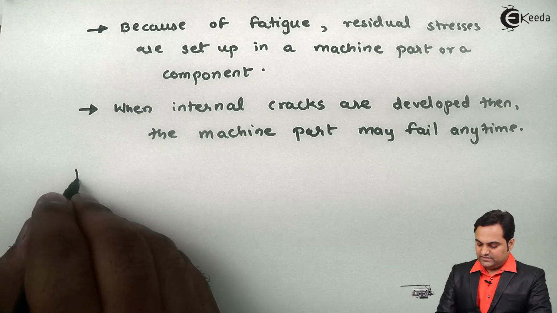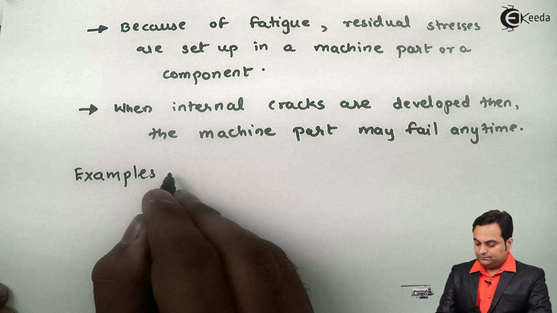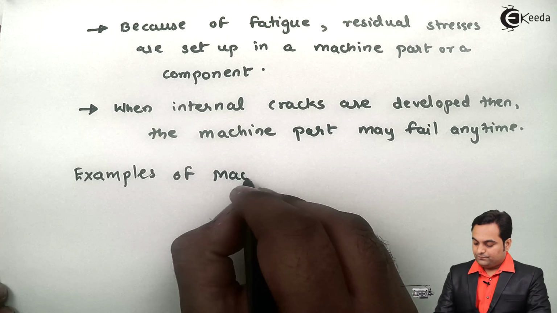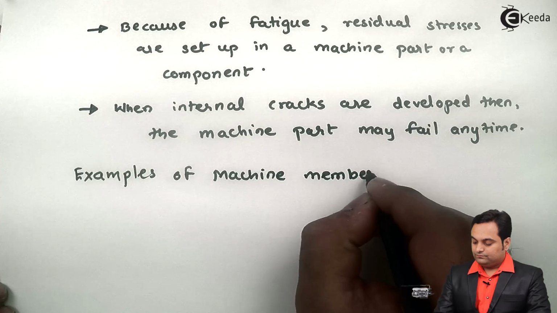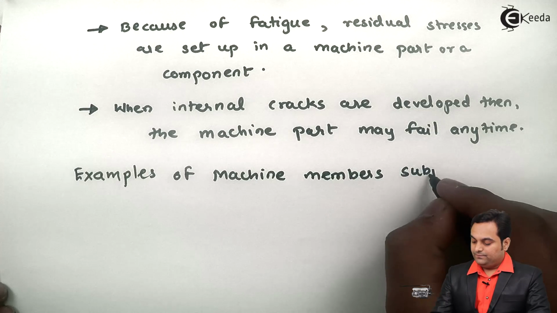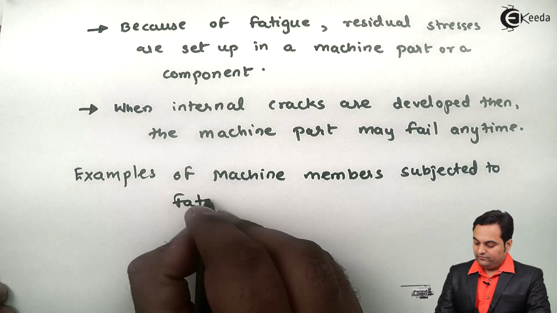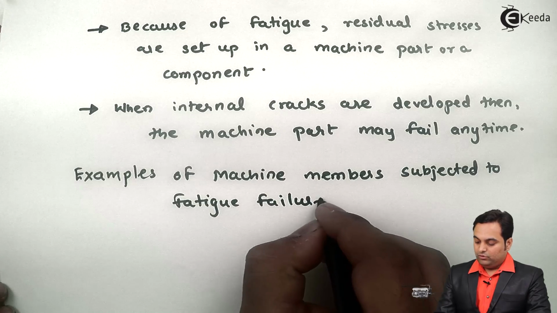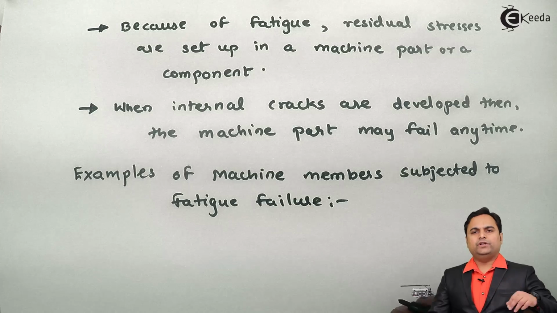So I can give the examples of machine members subjected to fatigue failure. See, fatigue failure is more prominent in those machines which are used over a number of periods.